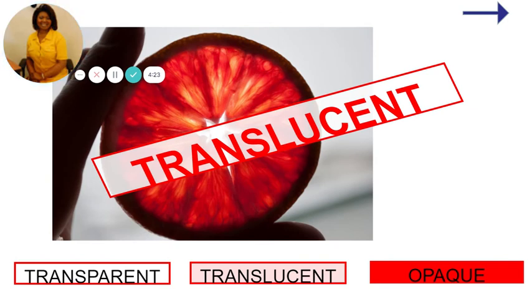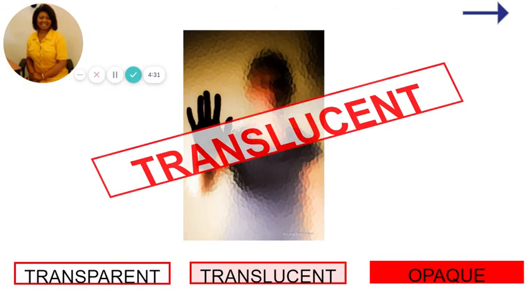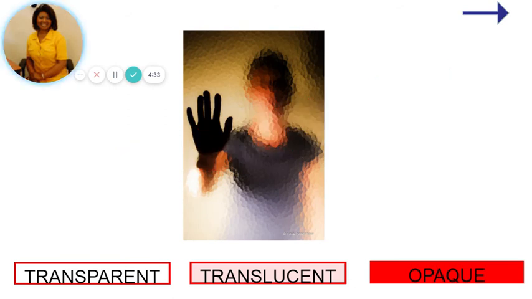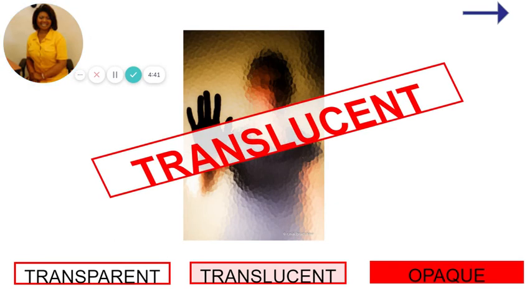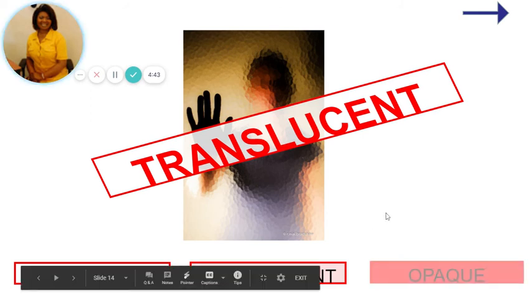Why? Because it allows some of the light to come through. All right, this object here, it's not really clear what it is, but I can see some of the light, so that means that it is translucent.